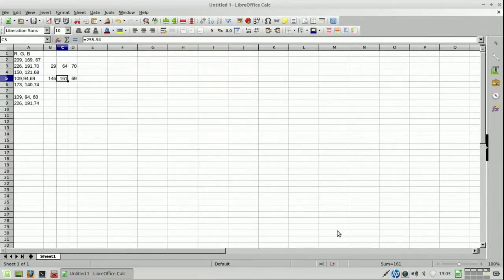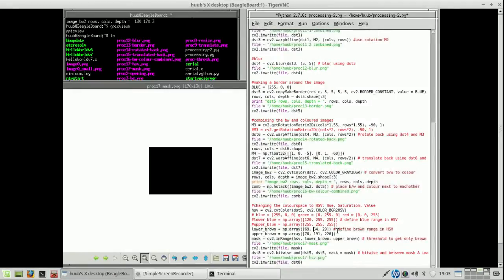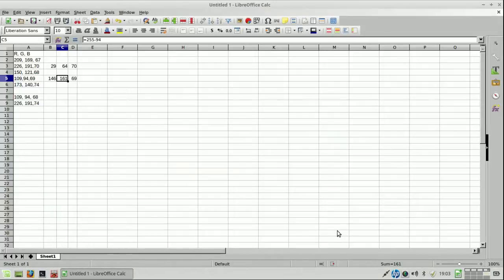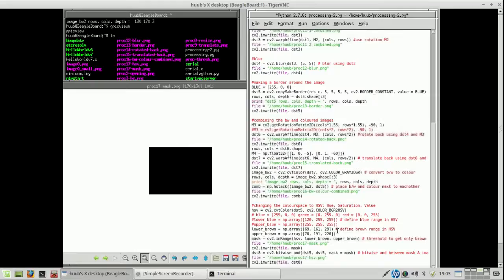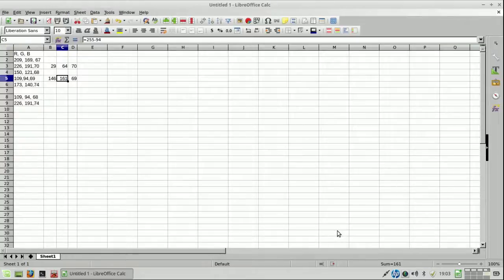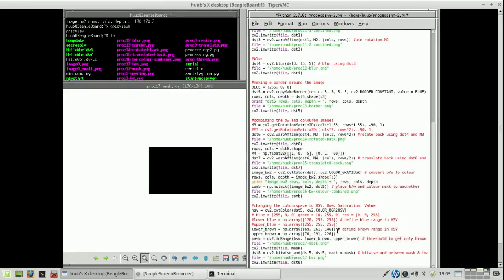So I have to take 161, no 161, and what was the other one? 146, and then with the max value, that is 64, 29.